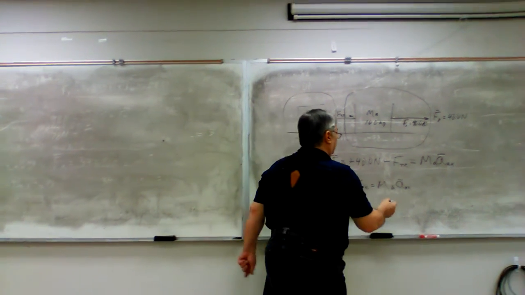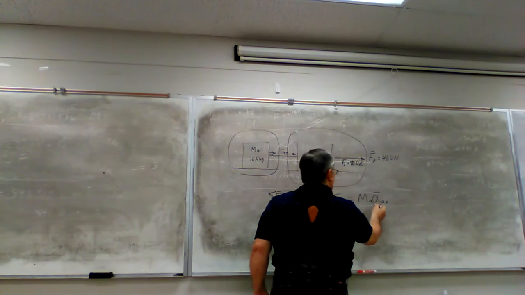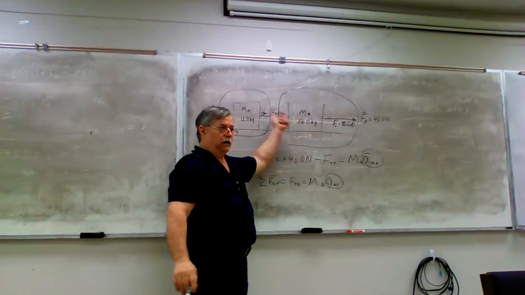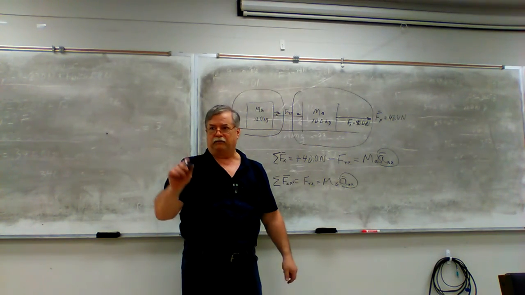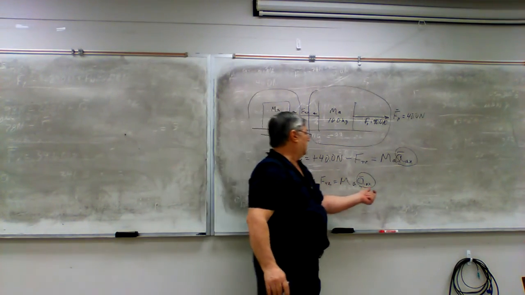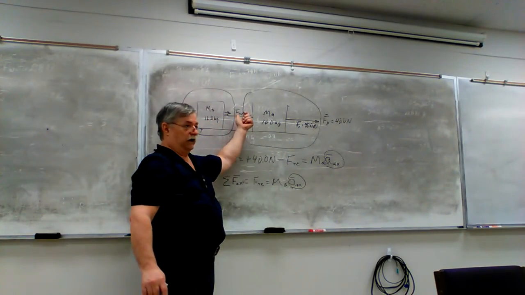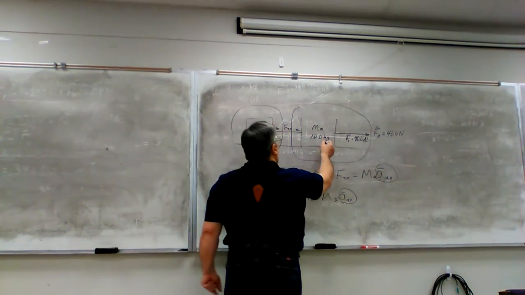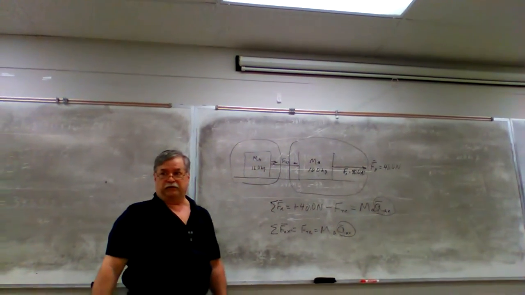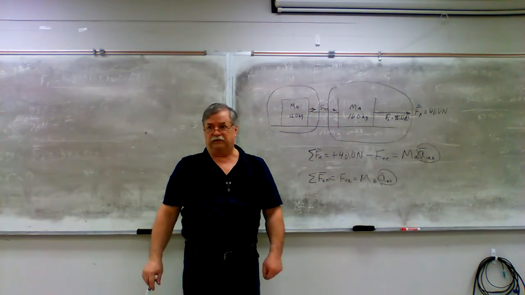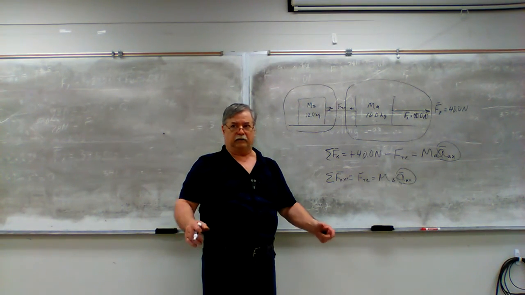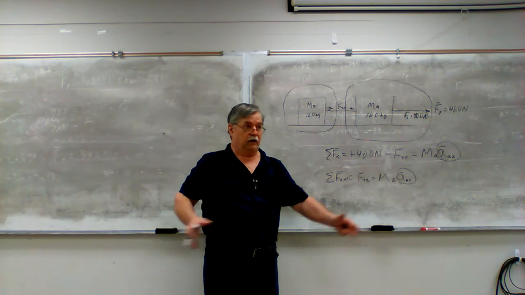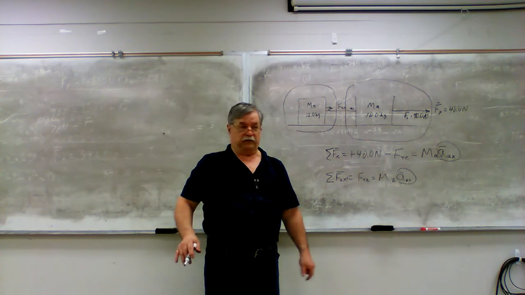And I've done this on purpose. We have two different accelerations here: the acceleration of mass A and the acceleration of mass B. However, because they are connected by this string that remains taut and does not stretch, whatever acceleration this body experiences, this one must experience the same. They're connected, and as long as the string stays taut and doesn't stretch, if one accelerates, they both have to accelerate.